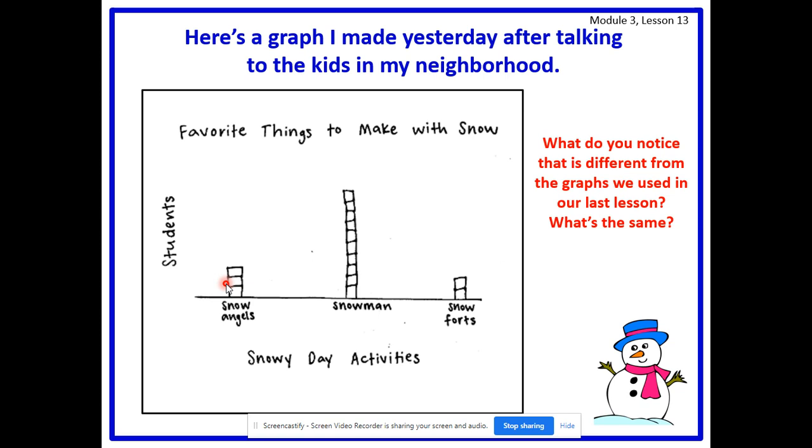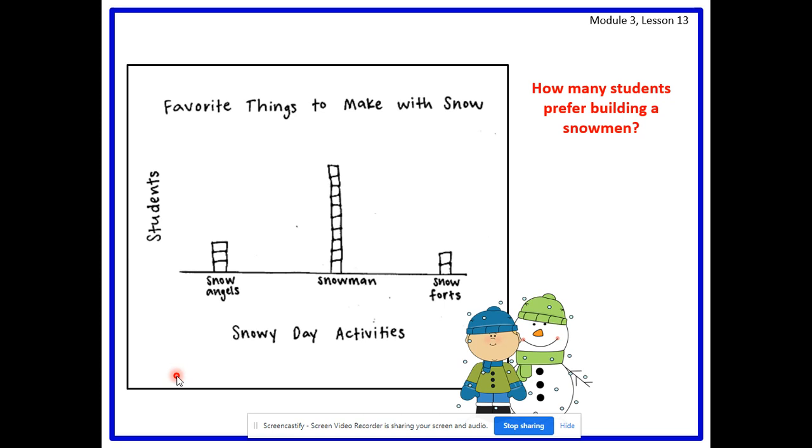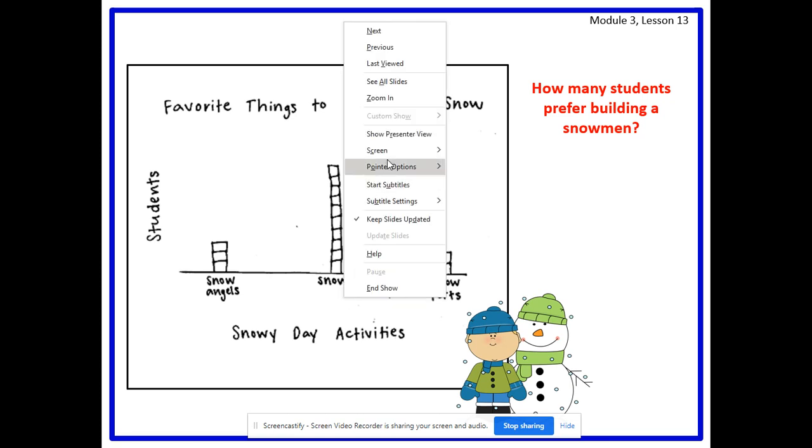Let's answer some questions now based on the graph. How many students prefer building a snowman? So, what is the question asking us about? Is it asking us about snow angels? No. Is it asking us about snowmen? Yes.